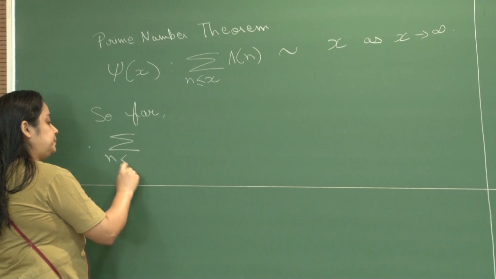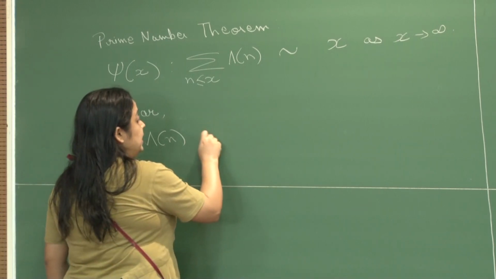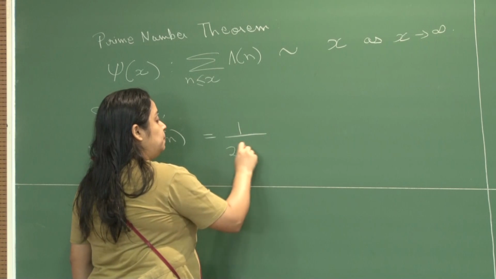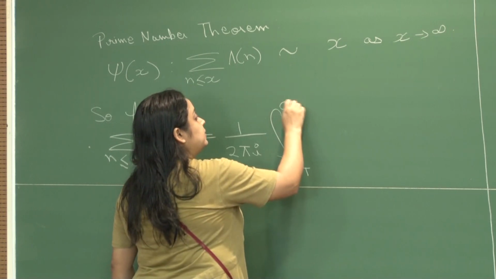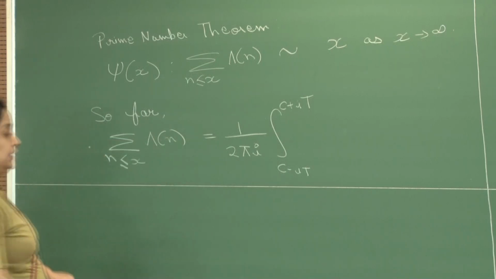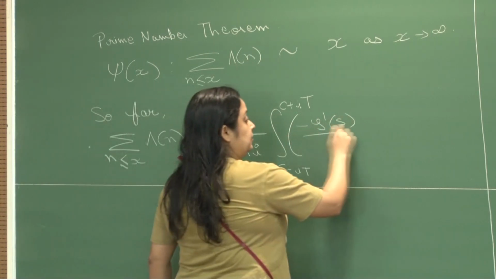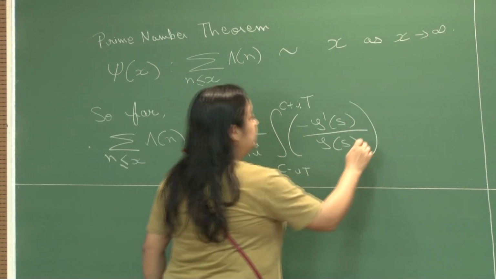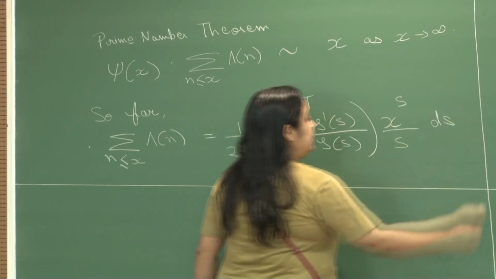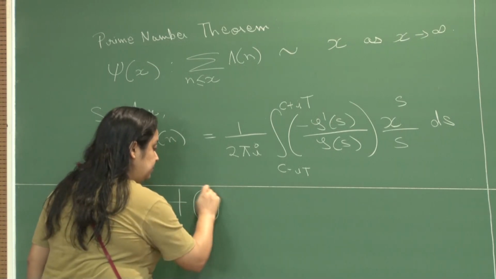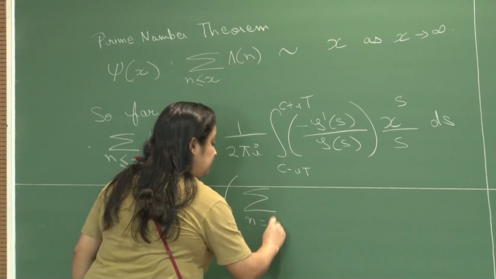It says that the sum of these von Mangoldt function values is equal to 1 over 2 pi i times the integral from c minus iT to c plus iT, where c and T can be chosen appropriately, of the Dirichlet series which generates these arithmetic functions, that is, minus zeta prime of s over zeta of s, times x raised to the s over s ds, plus an error term which is O of the summation n going from 1 to infinity.